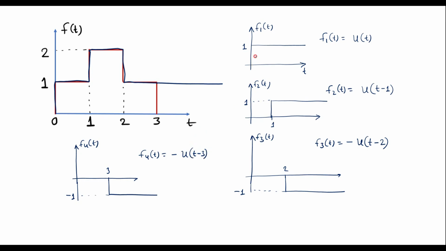That is, upon adding f1 of t, f2 of t, f3 of t and f4 of t, we will get the original signal f of t. Now therefore I can write f of t as f1 of t plus f2 of t plus f3 of t plus f4 of t.